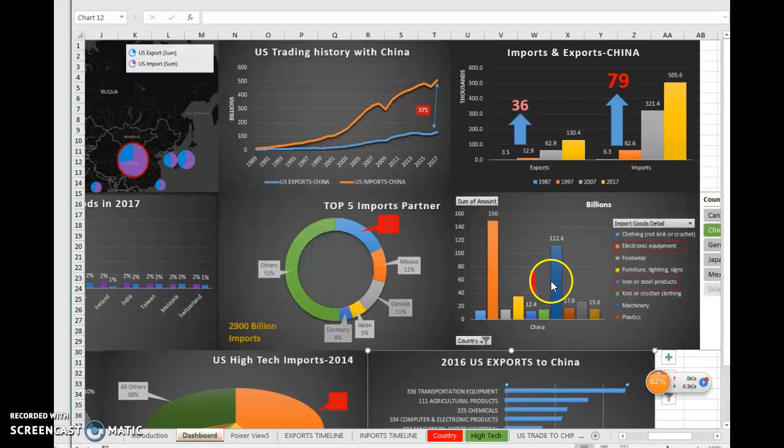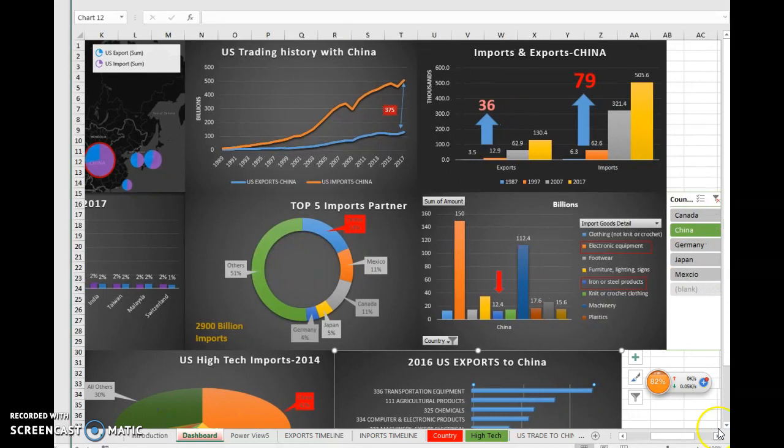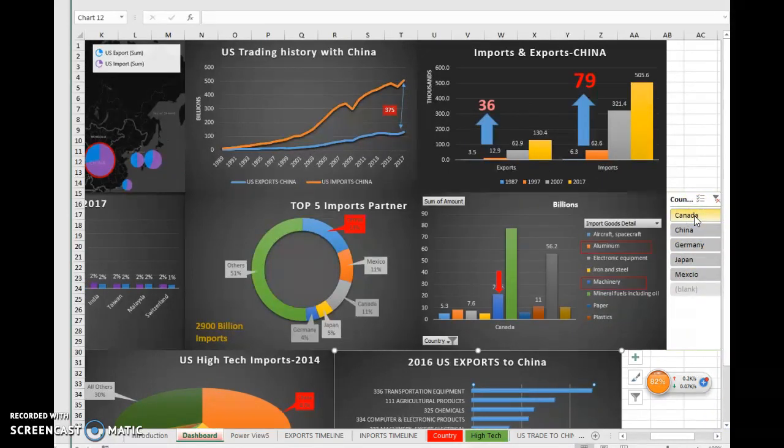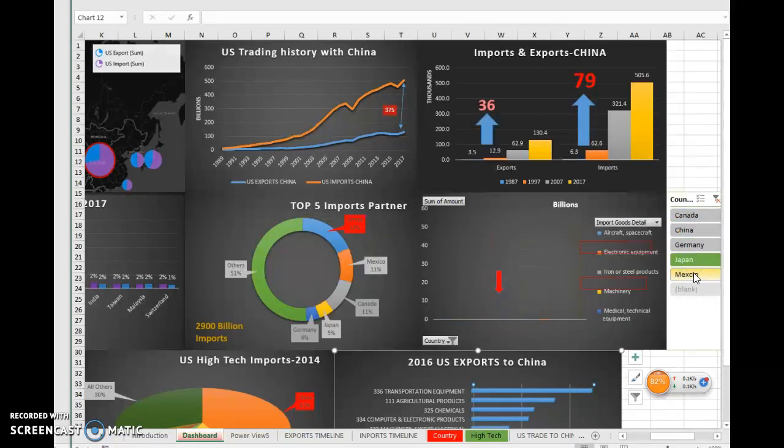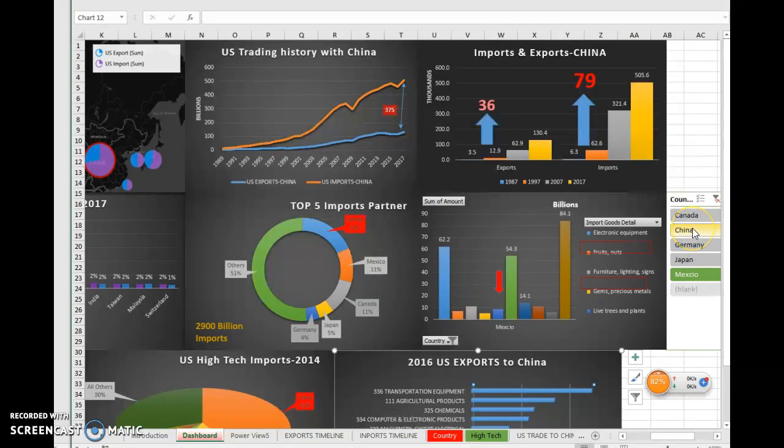And the second one is clothing. Here, using this slicer, you can take a look at Canada, Germany, Japan, Mexico, what happened to their imports, what is the biggest amount and the biggest category of their imports as well.